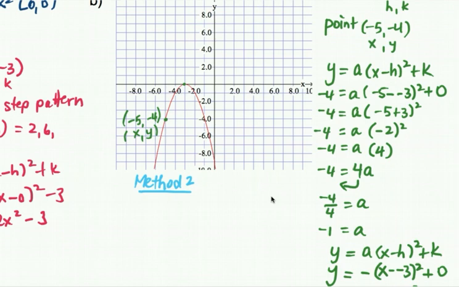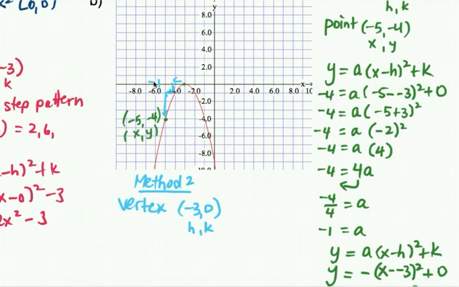All right, so we go and find our vertex still. So that's that point there. It was -3, 0, and that's our h, k. So we found 2 out of the 3 letters we need. From there, let's do our step pattern. So we know we go over 1, and then it went up 1. So over 1, and then I know we're going down.